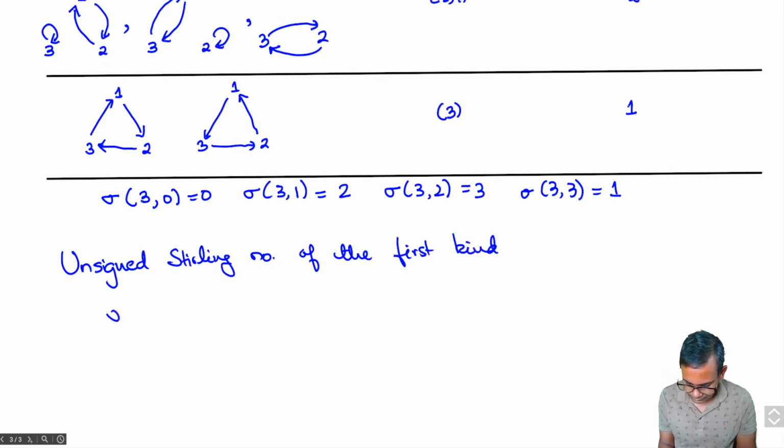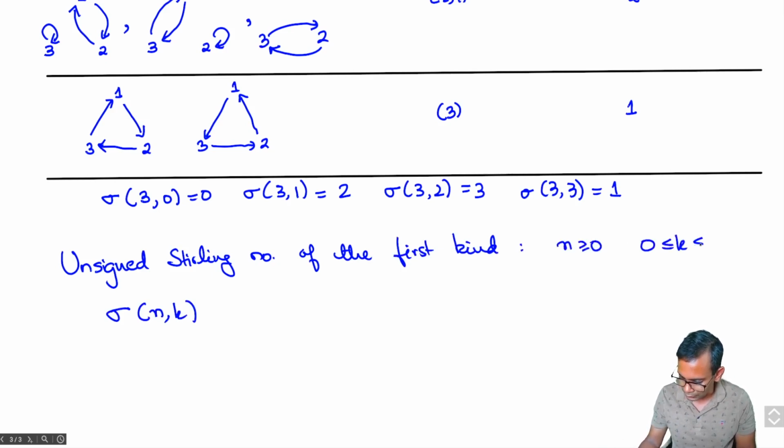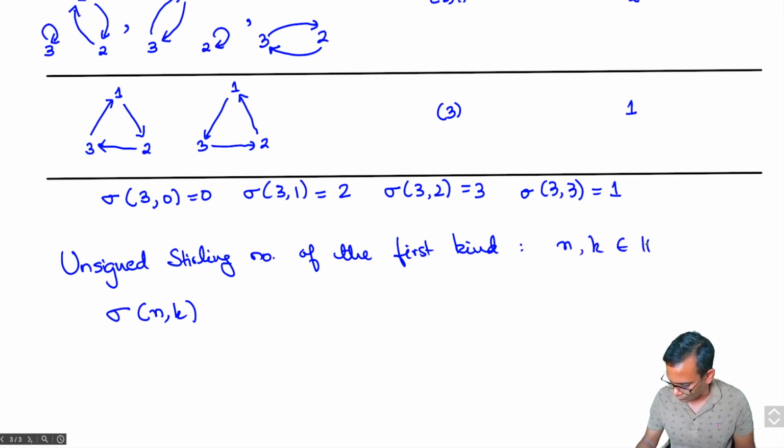It is denoted by sigma nk. So here we'll assume that n is a non-negative integer, 0 less than or equal to k less than or equal to n. Actually, you can take k also to be any non-negative integer. So I'll just say n, k in the set of non-negative integers, and sigma nk is defined to be the number of permutations.